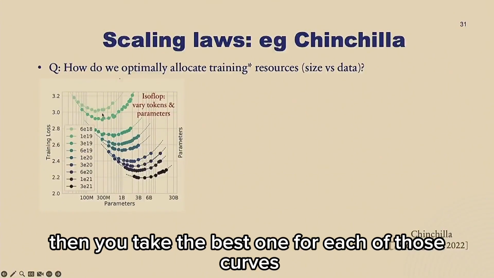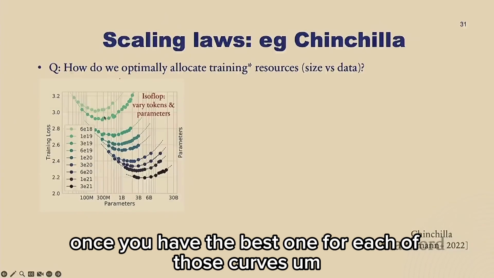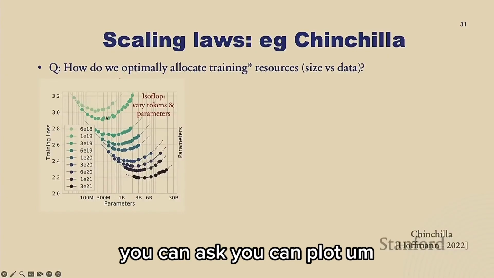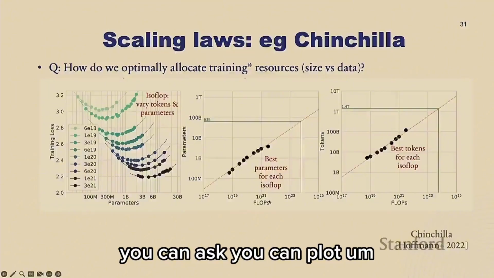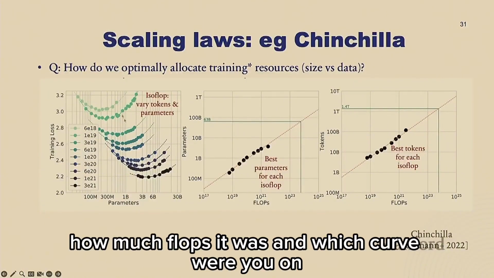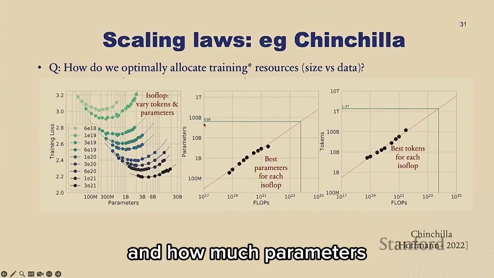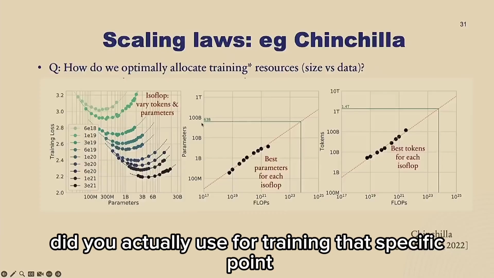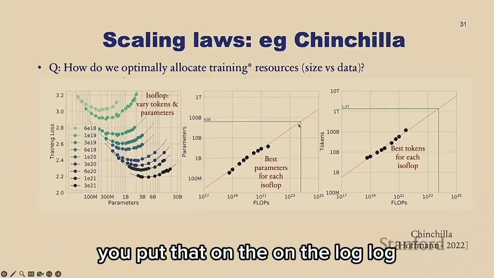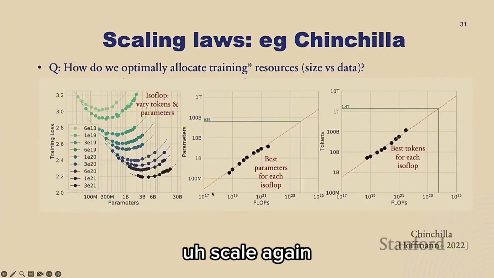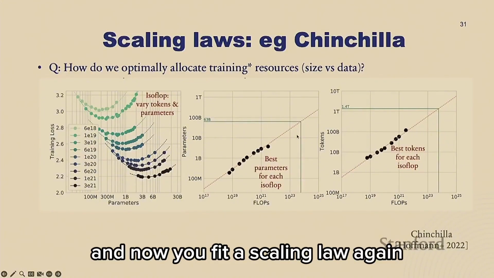Then you take the best one for each of those curves. Once you have the best one for each of those curves, you can plot how many flops it was, on which curve you were, and how many parameters you actually used for training that specific point. You put that on the log scale again, and now you fit a scaling law again.